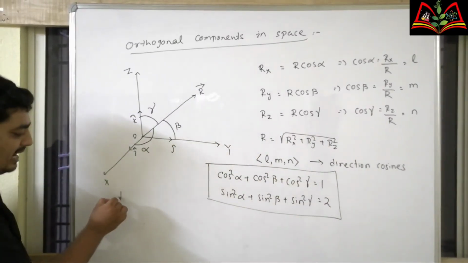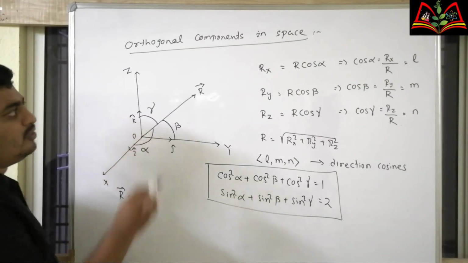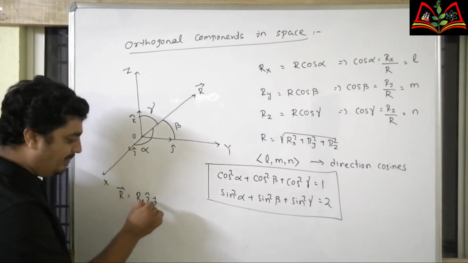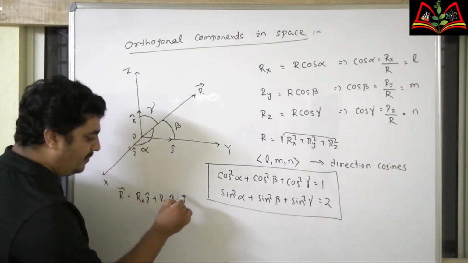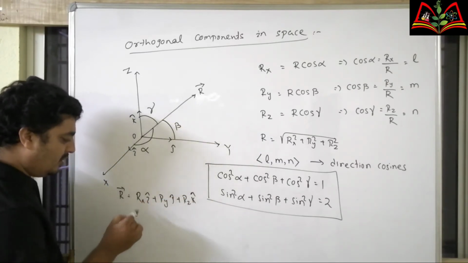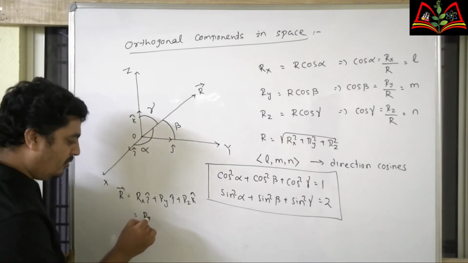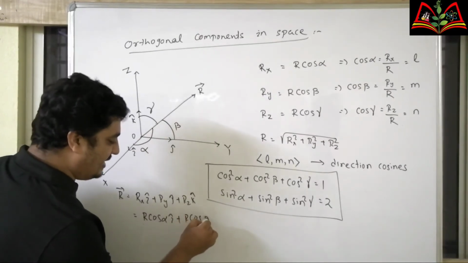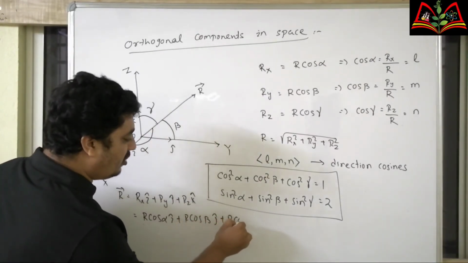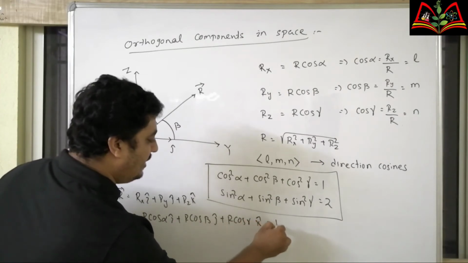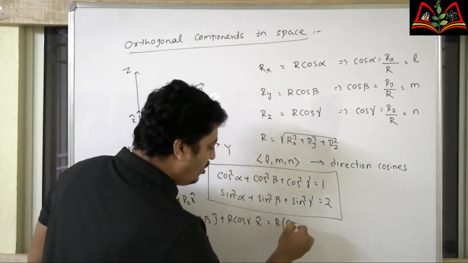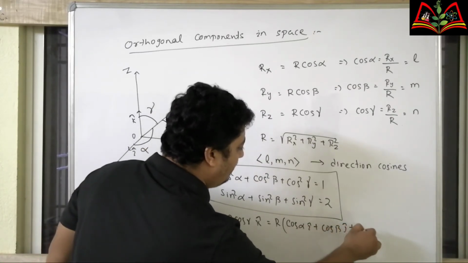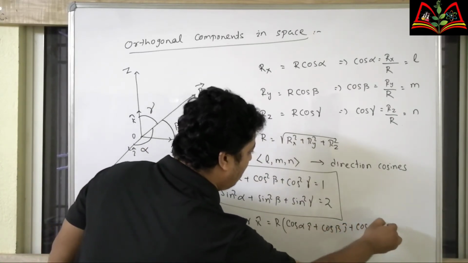So what will be vector R? R equal to Rx i cap plus Ry j cap plus Rz k cap. So we can write it is equal to R cos alpha i cap plus R cos beta j cap plus R cos gamma k cap, equal to R common, cos alpha i cap plus cos beta j cap plus cos gamma k cap.